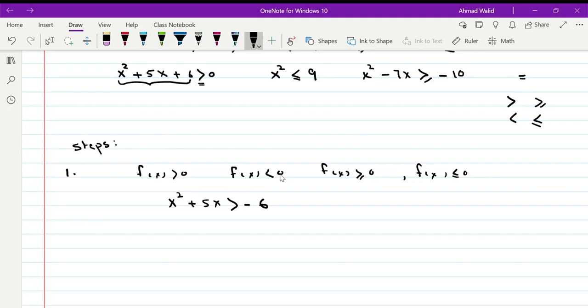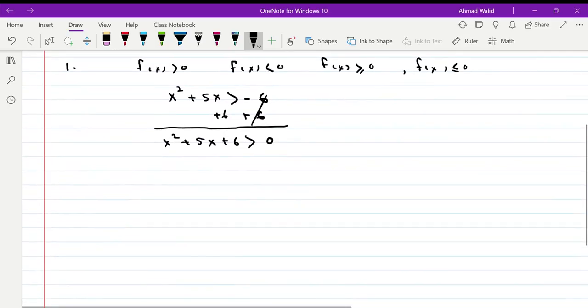What I'll do is add 6 to both sides to make one side 0. Then I can write x squared plus 5x plus 6 greater than 0. That's my step 1. If your inequality is given in a form where you have numbers on both sides, bring everything to one side and make your right side always 0. That's your step number 1.